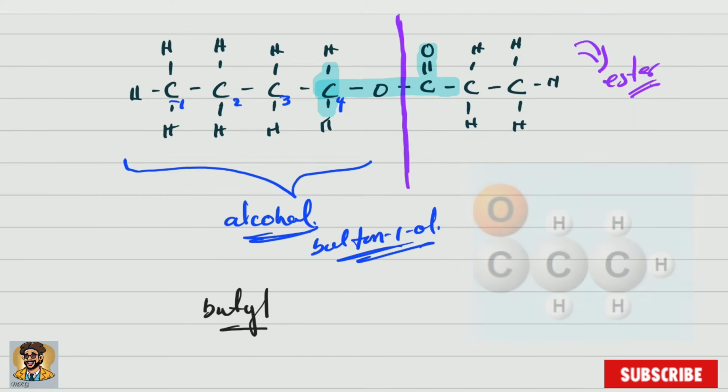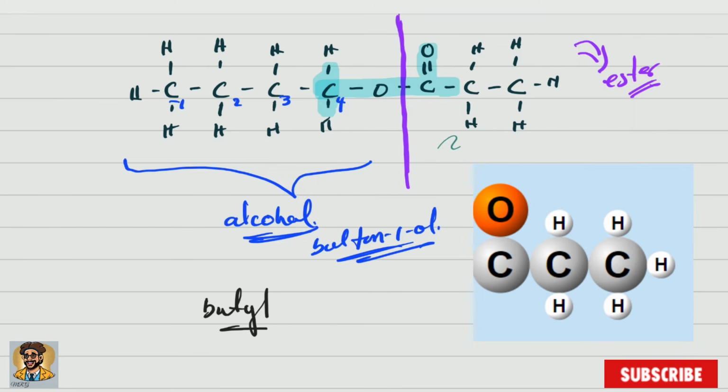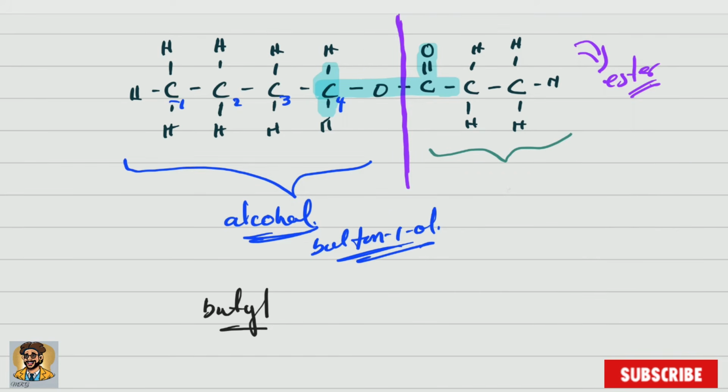The second part is going to be the carboxylic acid. This one is coming from the carboxylic acid. As you can see, there is a carboxylic acid with 1, 2 and 3 carbon. Therefore it was propanoic acid.